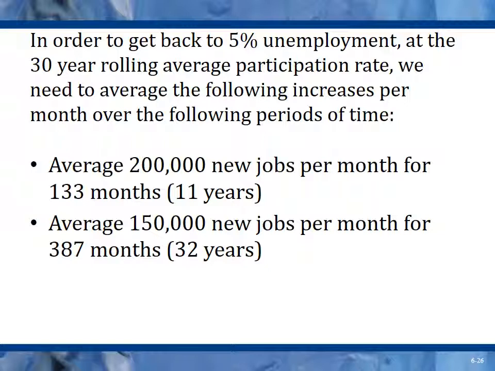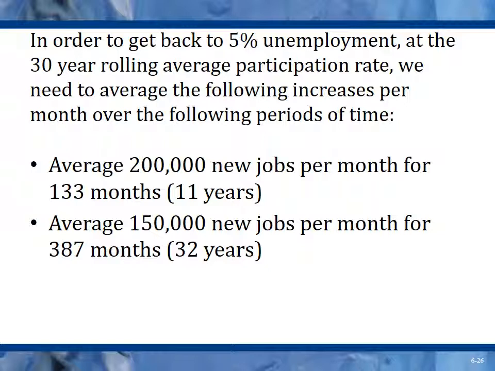We have never averaged 200,000 jobs per month for an extended period of time. But if we were to do it, it would still take us 11 years to get back to where we were. And if we were to average 150,000 new jobs per month, it would take us 32 years to get back to where we were.